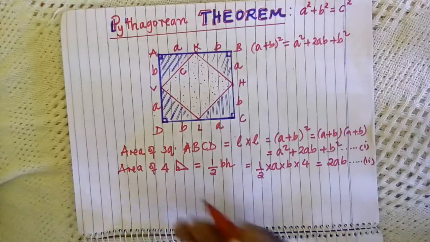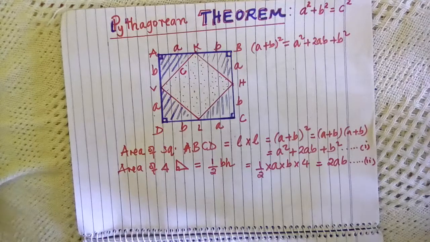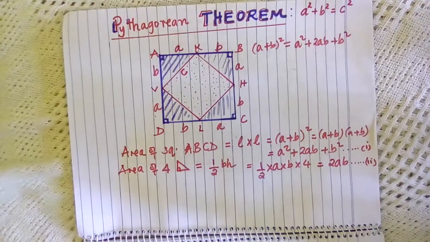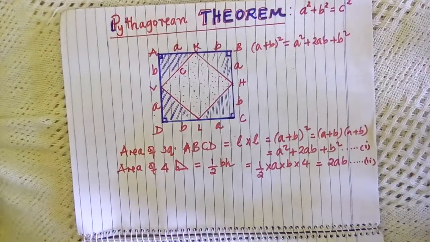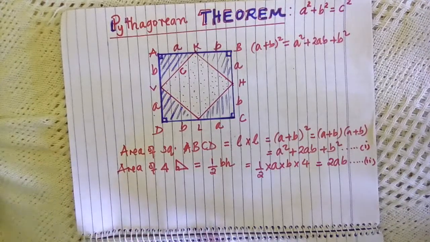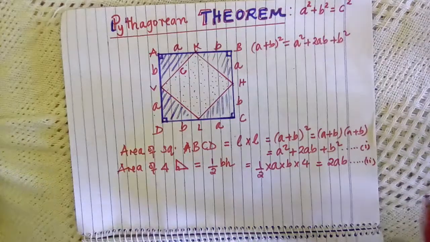I think at this point we're together and there's nothing wrong with this formula. We haven't finished. We can still find the other area. Now let's find the area of the embedded square, or the inside square.